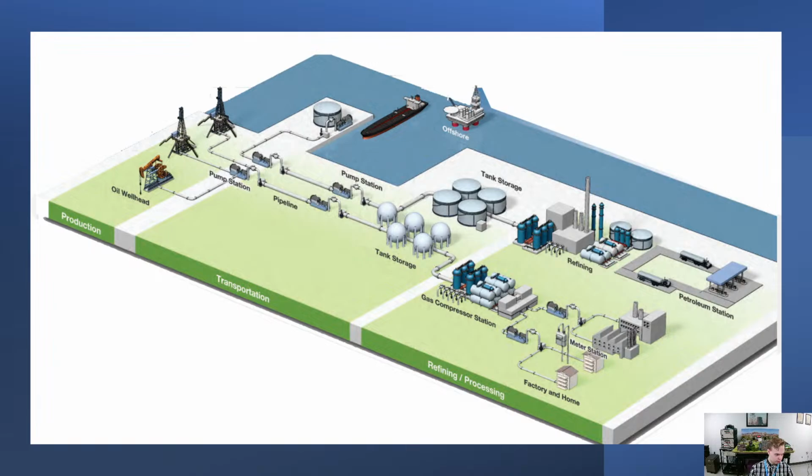And then that pump station is transporting our fuel through other pump stations to keep it moving through our tank storage, and then to our gas compressor station, and then finally to the end customer, whether it be a business, a factory, some other field site, or even our homes. So I just wanted to paint the bigger picture of what's happening that maybe you're not seeing when you drive by some of these stations.